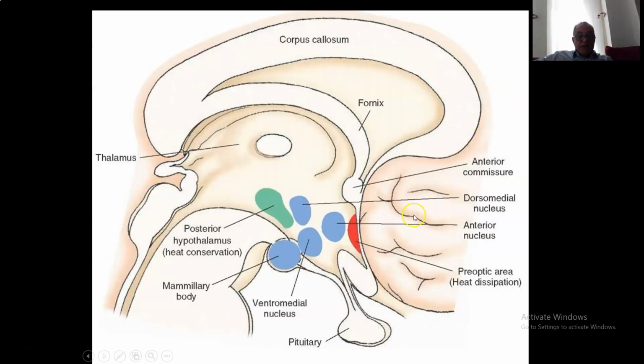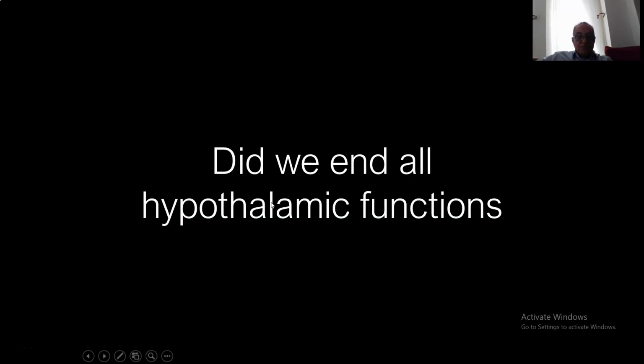These are, again, the preoptic and anterior nuclei for heat dissipation, and the posterior hypothalamic nucleus for heat conservation.